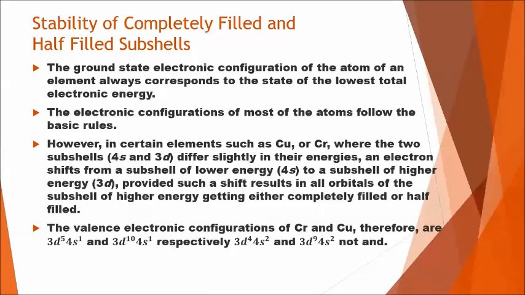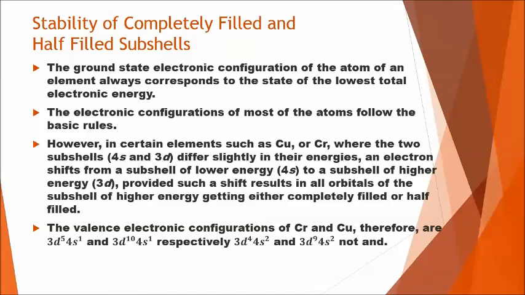So the valence electronic configuration for chromium and copper are 3d5 4s1 for chromium. 24 electrons are there for chromium. So when we write the electronic configuration, 1s2 2s2, it goes on, and when we write 1s2 2s2 2p6 3s2 3p6, like that, according to the Aufbau principle, 4s comes first and then 3d.